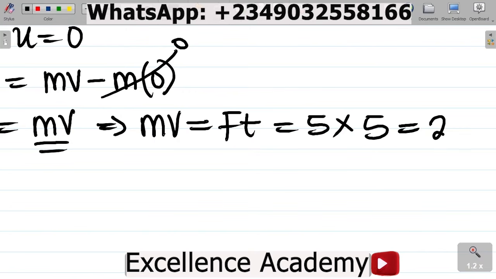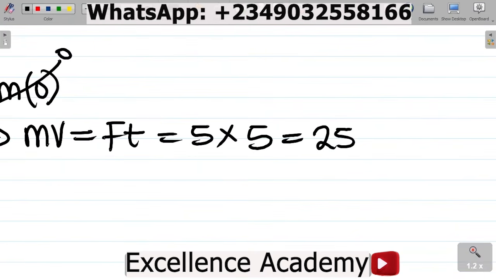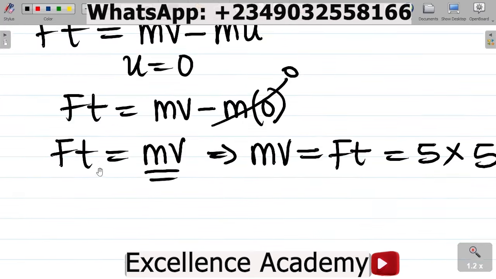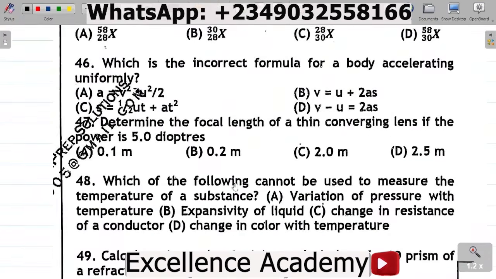And that's equal to 25 kilogram meter per second. So we have this. All right, so that's the value. Observe that we were not asked to find final velocity. If not, we would have divided this by mass. So 25 kilogram meter per second.